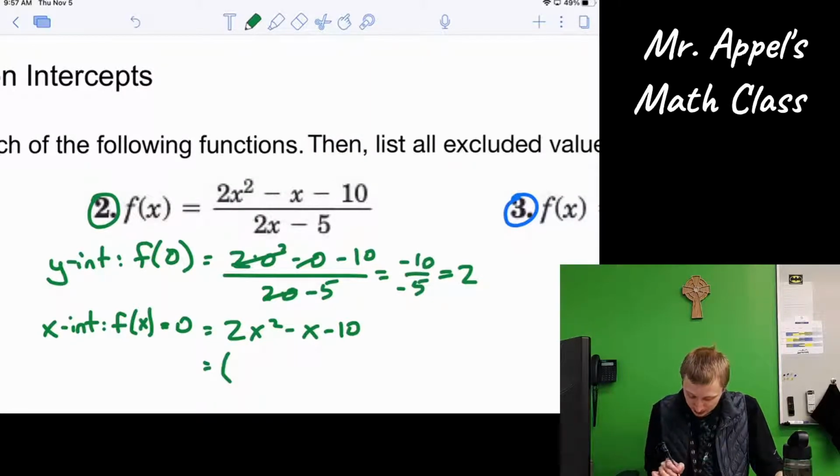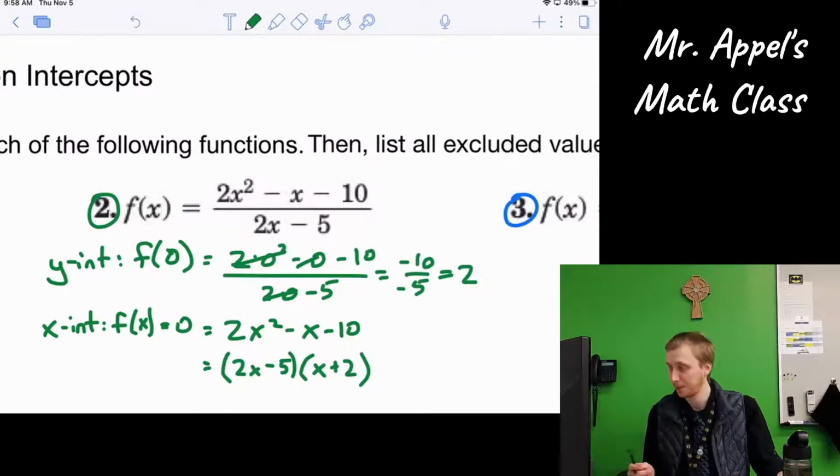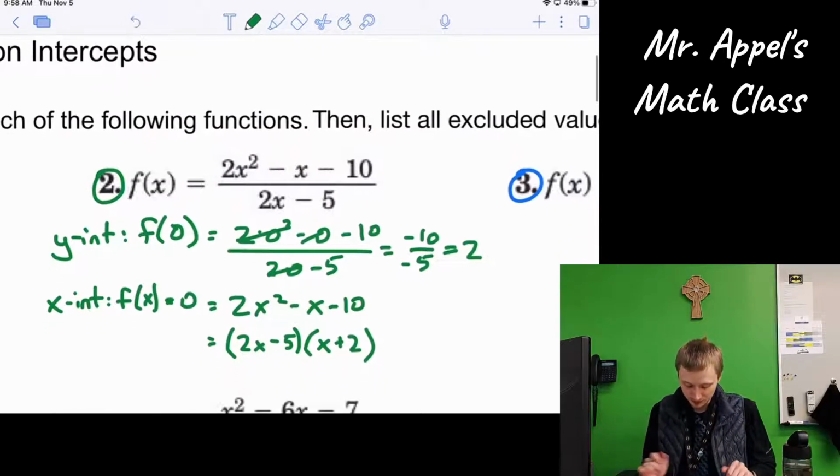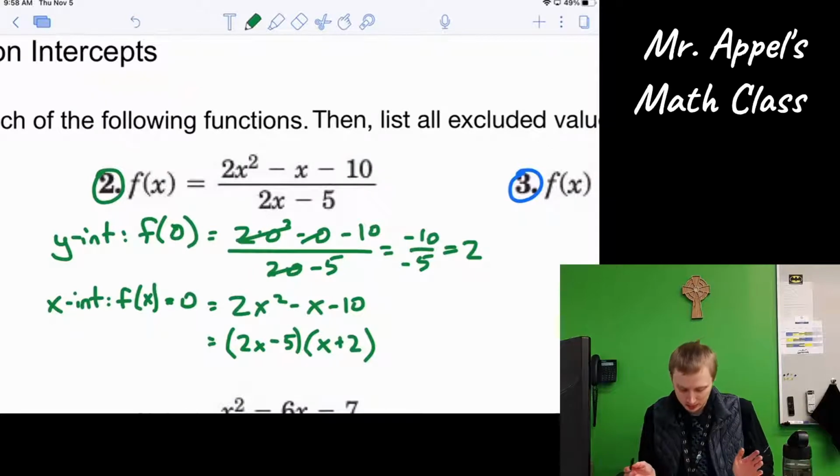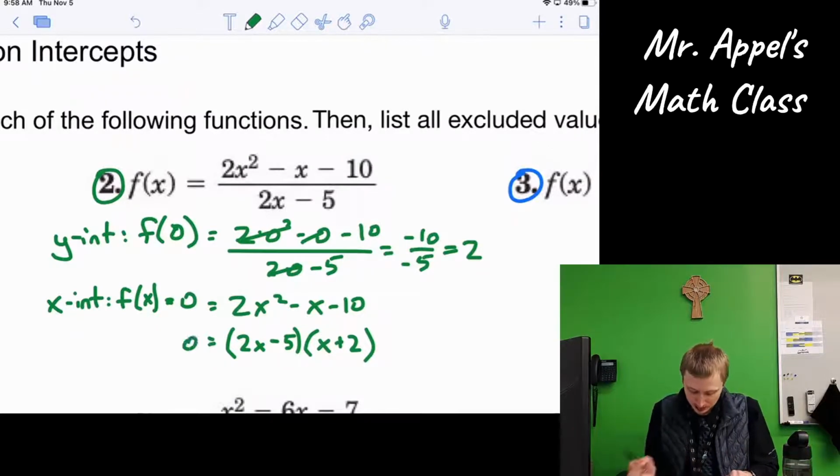Let's do a little FBI here. 2x, and then x, 2 times negative 5 is negative 10. And 2 times 2x is 4x minus 5x. Yep. Follow your factoring process to get there, right?